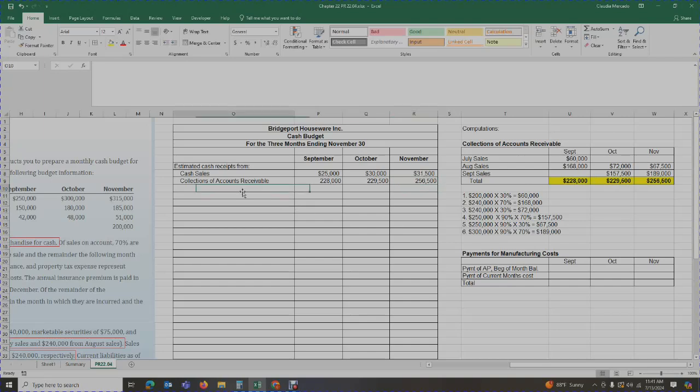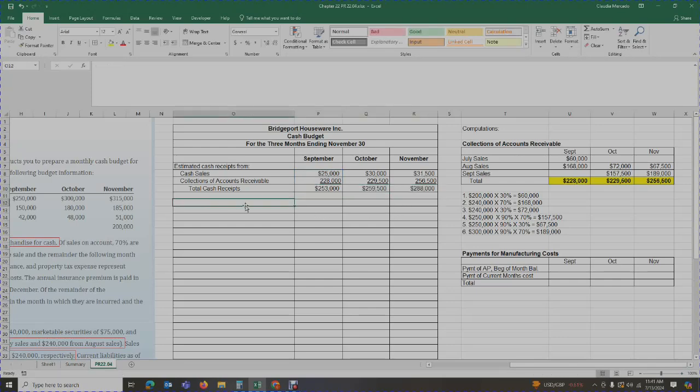So now that we've got that, we can go ahead and resume our cash budget, and we're going to have our total cash receipts. How much are we going to receive in total? So we're going to add those numbers together. You just add your cash sales plus your collections of accounts receivable to get your total.